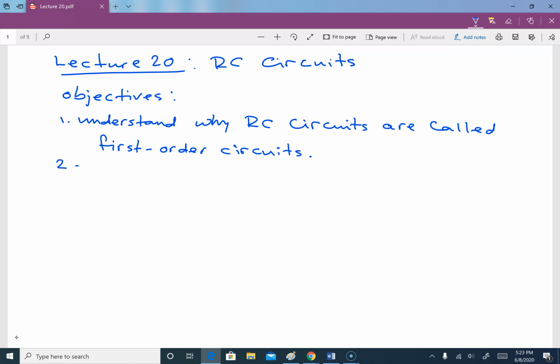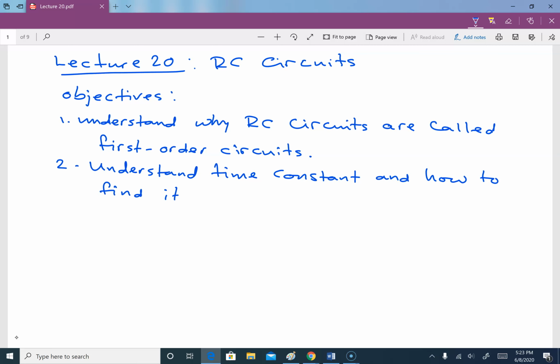The second objective is to understand time constant and how to find it for an RC circuit.